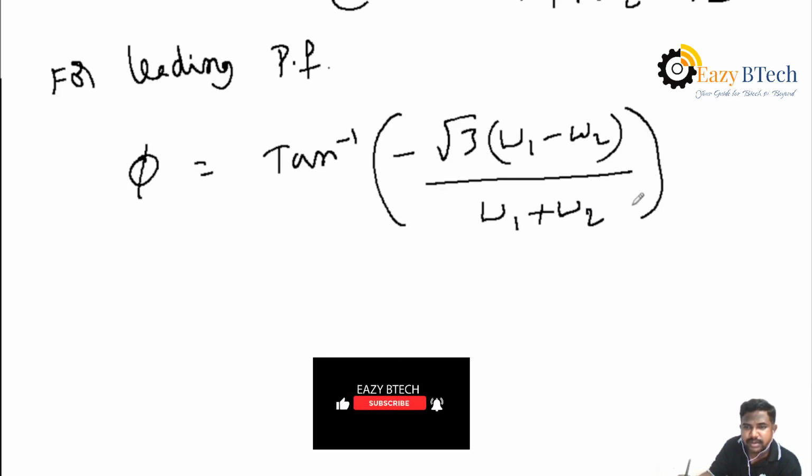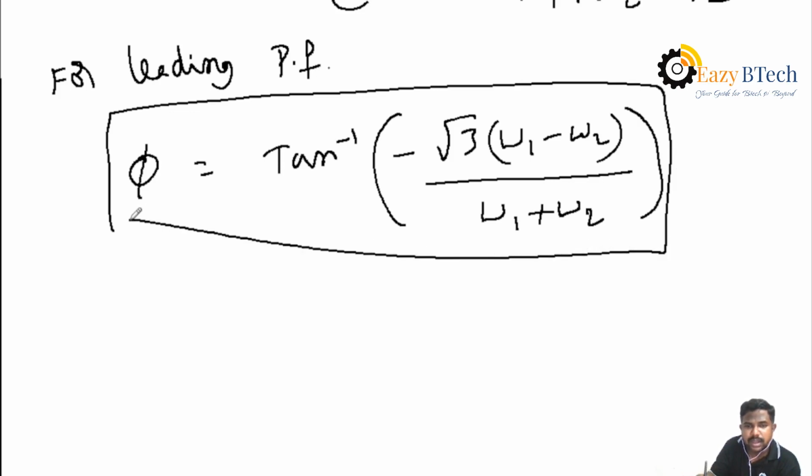That is, inside the tan we mention a minus, which is the equation for a leading power factor. Okay, in most problems, the values are most probably given for a lagging power factor.